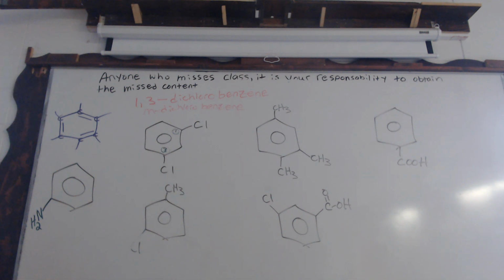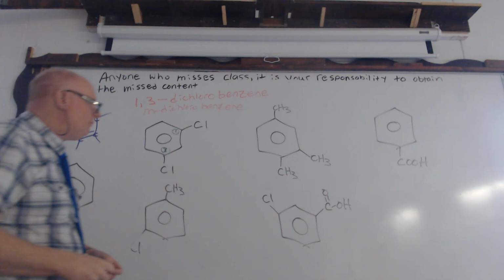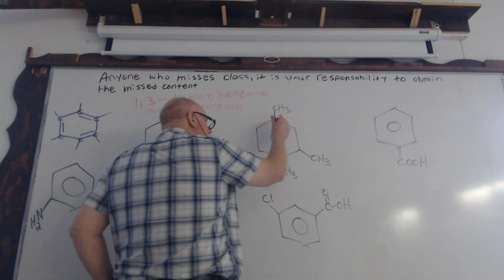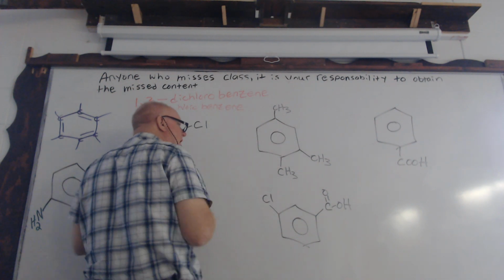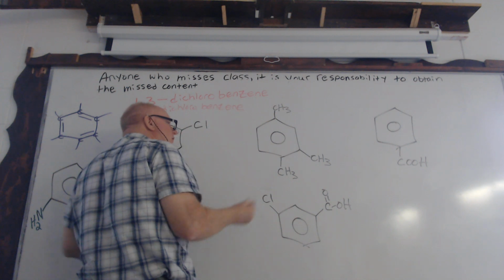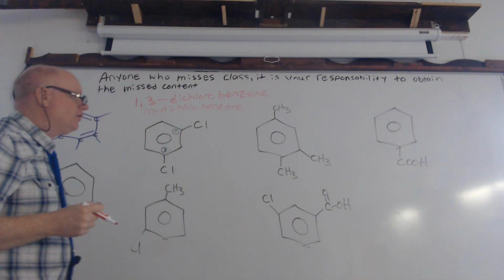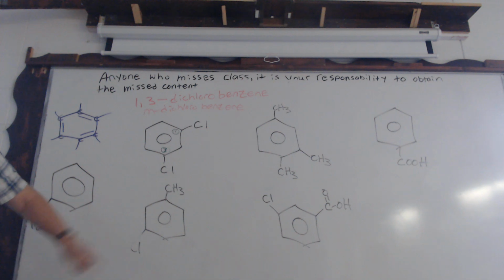Okay? And you might say, well, what about if we want to just use numbering systems? Well, that's fine too. You can do that. But if we make this a toluene molecule, that means this one we would pick as number 1. So then where are our derivatives located if the top is number 1?